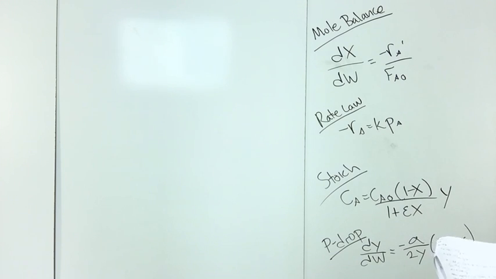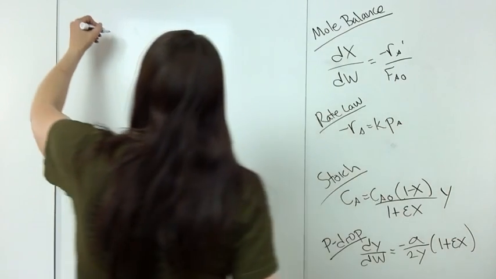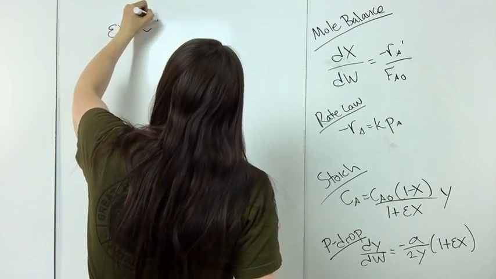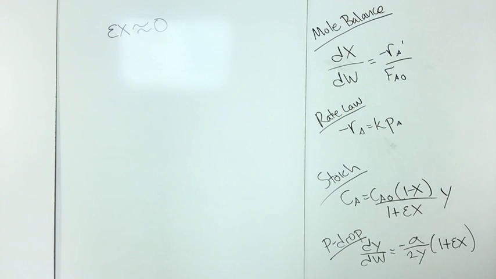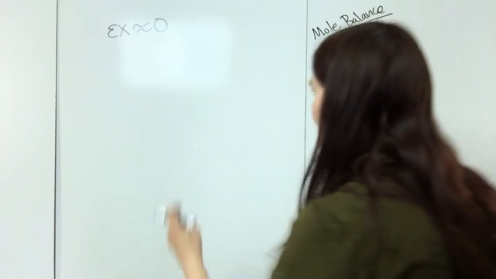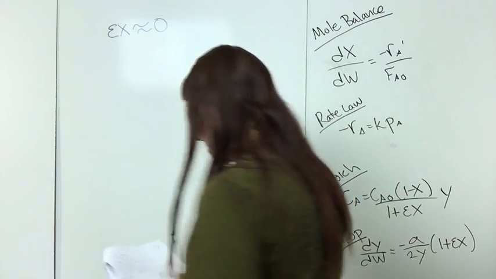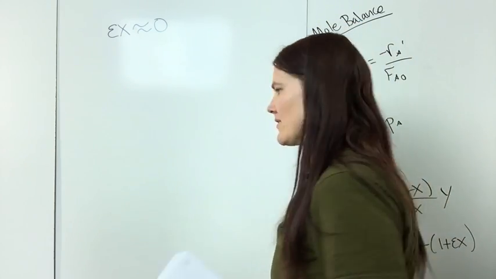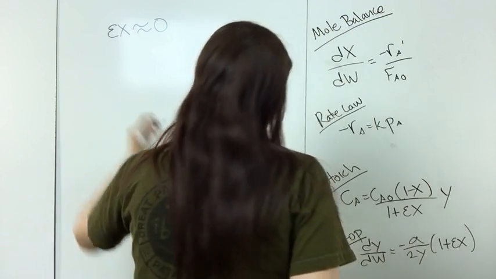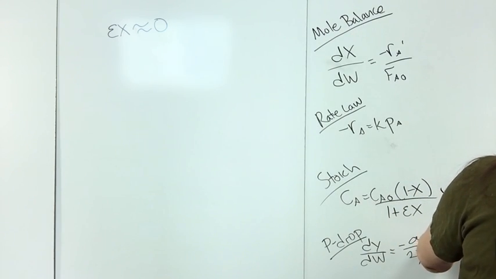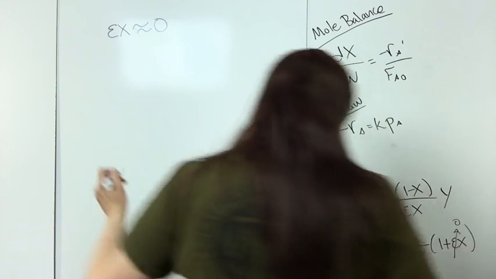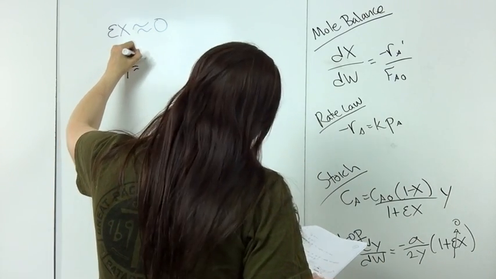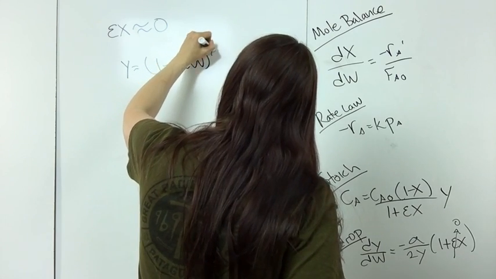The assumption you need to make is that epsilon X is approximately 0. If you do that, you can integrate this and solve for y. So when he says state your assumptions, make sure you specify that you're assuming epsilon X is approximately 0, because what you end up getting is y equal to (1 minus alpha W) to the 1/2.